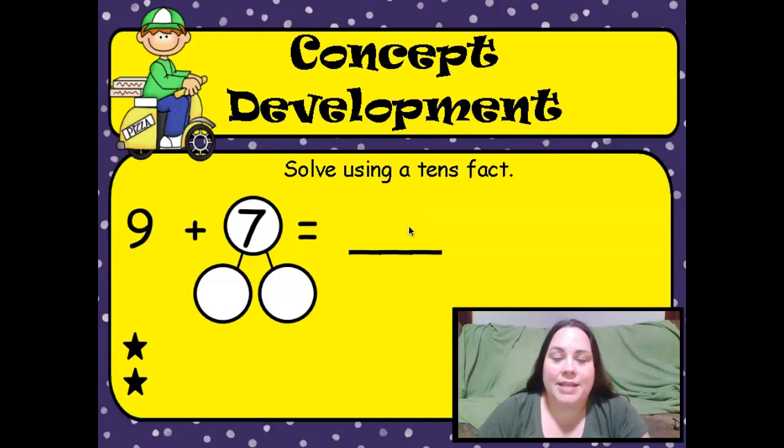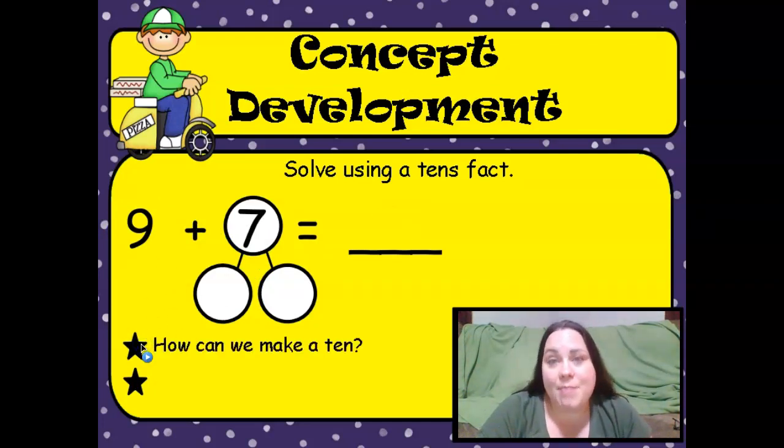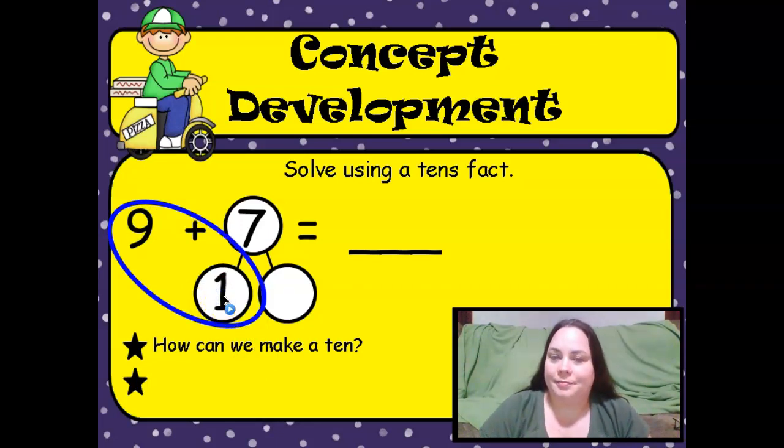Let's do 9 plus 7. So I have to first think, how can I make a 10? 9 plus what would make a 10? 1. Now I have to think about this. 7 was broken down. I took 1 away.